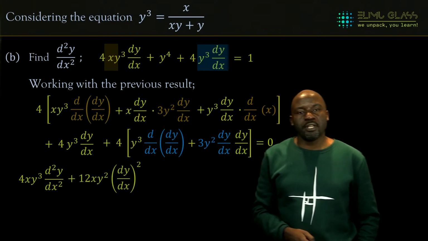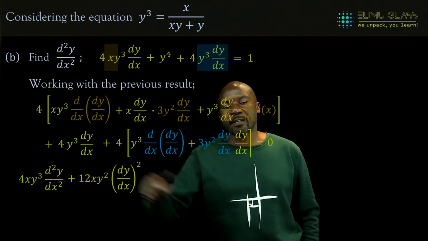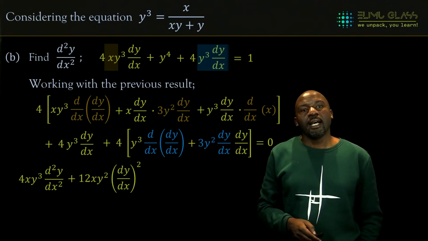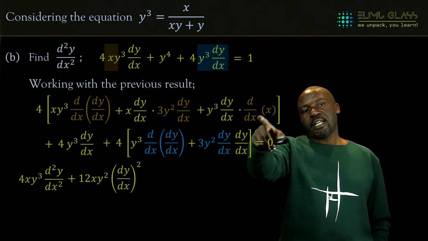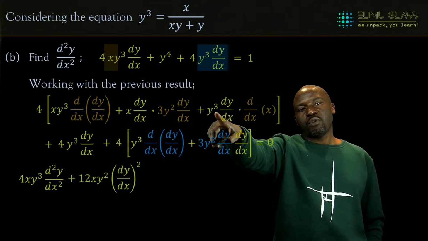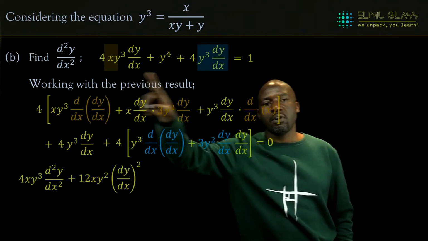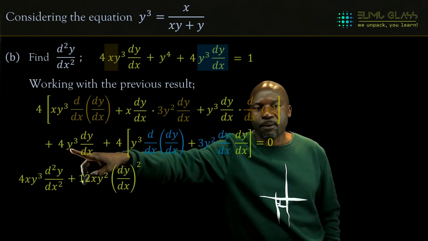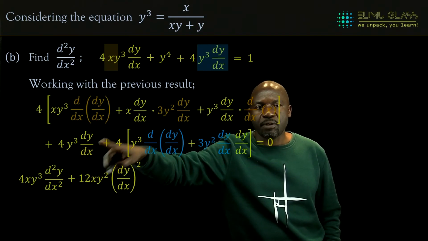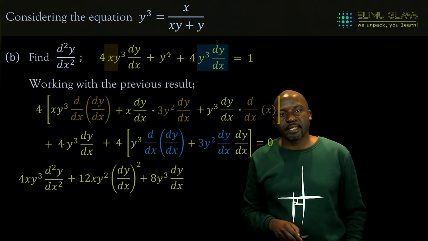So we end up with dy by dx squared. Notice that this is different from that. Next we have this term here, dx by dx. This is 1, so we are left with y cubed dy by dx times 4. So 4y cubed dy by dx, but there is another 4y cubed dy by dx. So effectively we have 8y cubed dy by dx there.